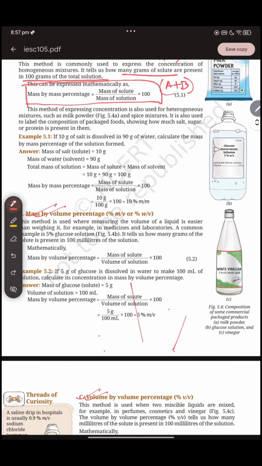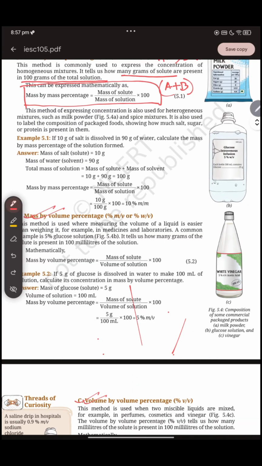So this is one numerical in association with it. If 10 gram of salt, that means this is mass of solute WB, is dissolved in 90 gram of water. Water is the solvent because the quantity is also more, and this mass can be written as WA.